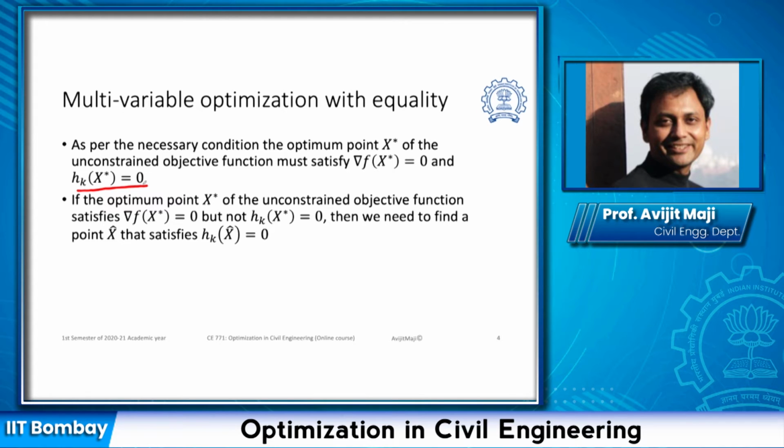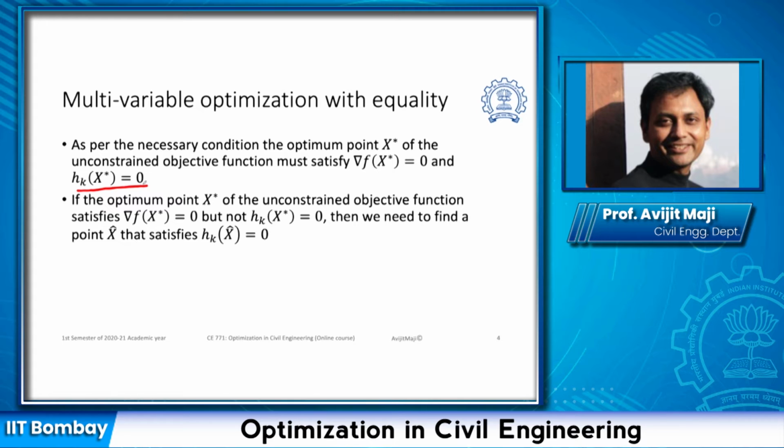Rather, we have to find a set of points that satisfies the constraint and then check whether the objective function is minimum at one of the points we have selected.